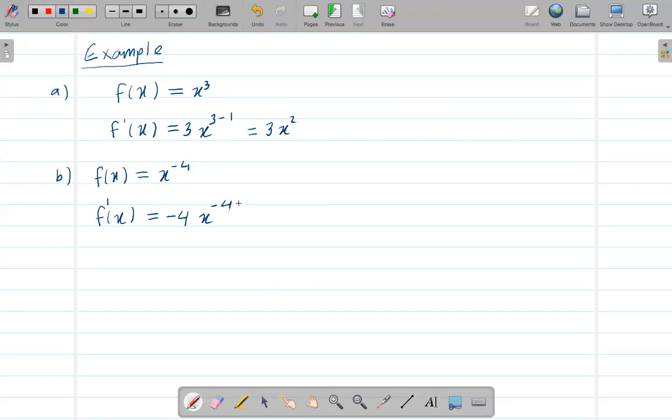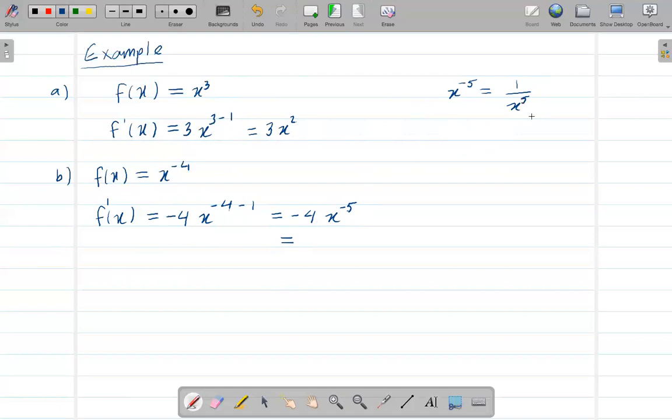So this is now -4 x to the power -5. Now x to the power -5 is also 1 over x to the power +5.